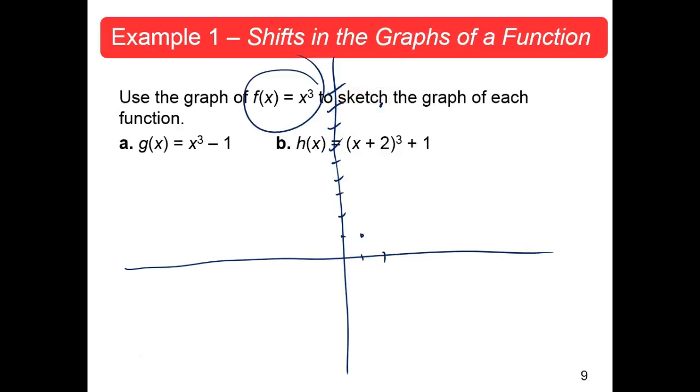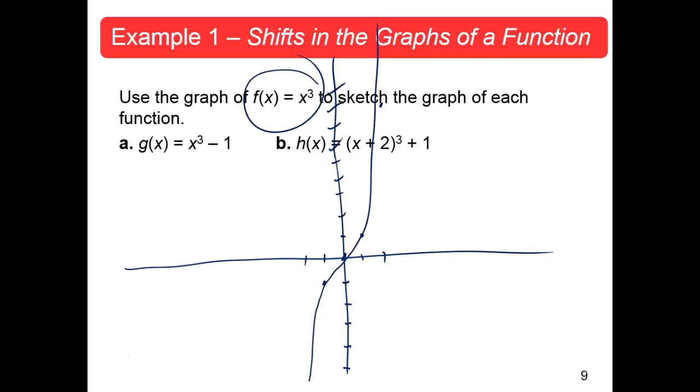Next. 0. 0, I can do that one. Next. -1, what would that be? -1. Okay, I can do that one. Next. -2, that would be, I don't have room. So it's somewhere way down here. So basically this is what your parent function, the cubic function, looks like.